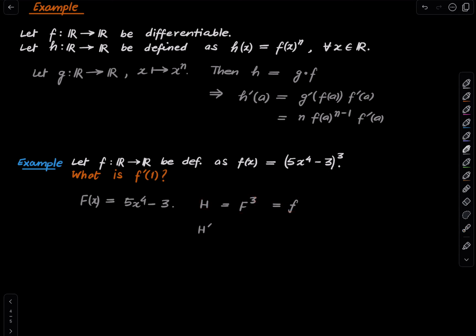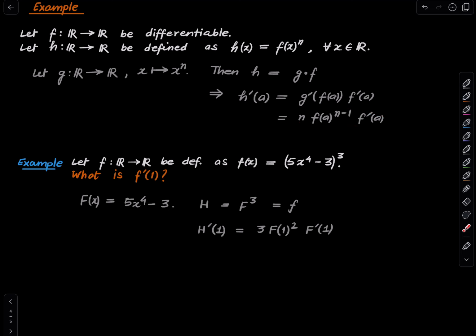And we are interested in the derivative of H at 1, but we know this is 3f square at 1. Yeah, this is 3f square at 1, or maybe I'll write it 3f of 1 square, and then f prime 1. That's what we just proved above. I'm just plugging in things.